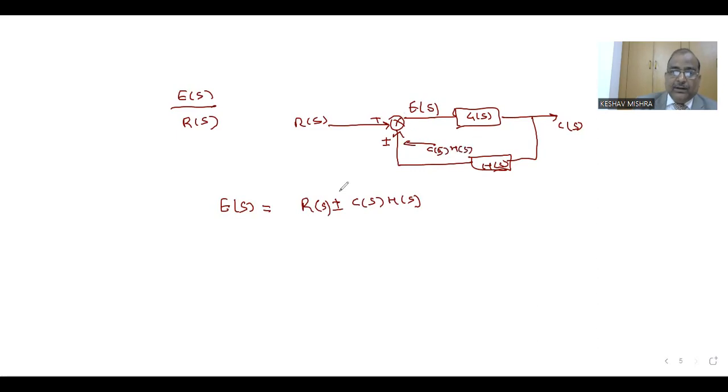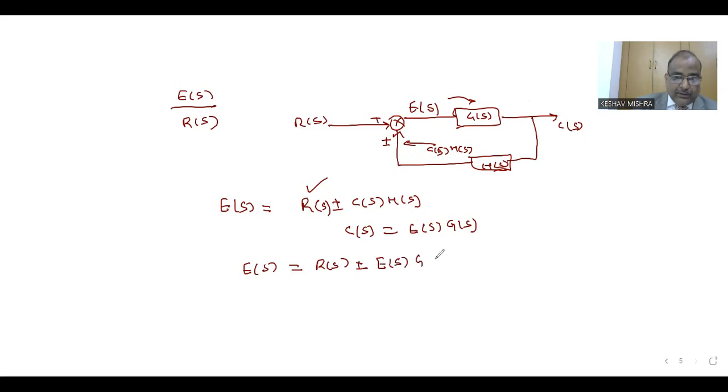So we can write this input R(s), second input is C(s) H(s), where C(s) is equal to, E(s) is input for this block and output is C(s). So this C(s) is equal to E(s) G(s). So this E(s) can be written in this way: R(s) plus or minus E(s) G(s) H(s).